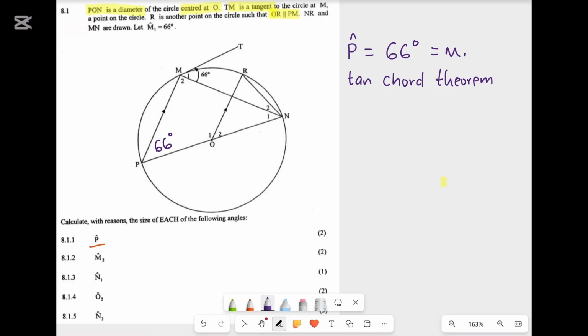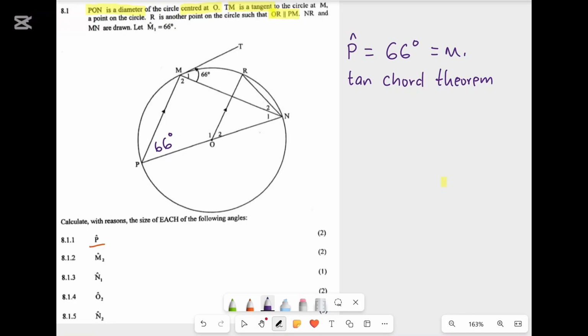Calculate the size of angle M2. So there is M2. M2 is subtended by PON. So PON subtended that angle there. Remember they said PON is a diameter, and the diameter will always subtend an angle that is equal to 90 degrees. So that simply means your M2 will be 90 degrees. It is subtended by the diameter.